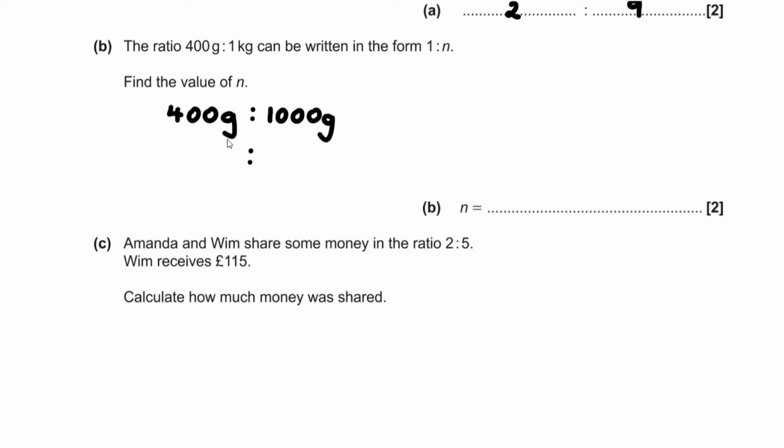So for us to simplify this ratio in the form 1 to n, what we need to do is divide both sides by 400. What we end up with is 1 to 2.5, which means n is 2.5.